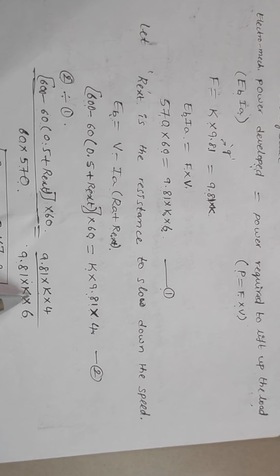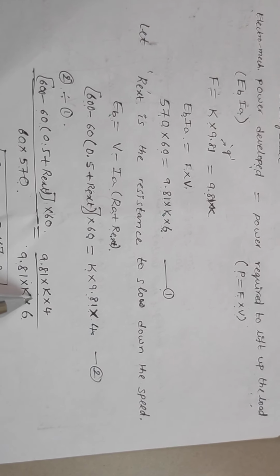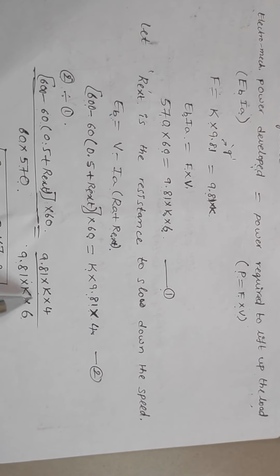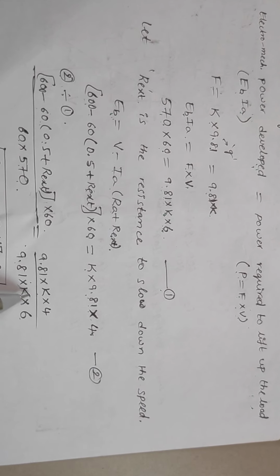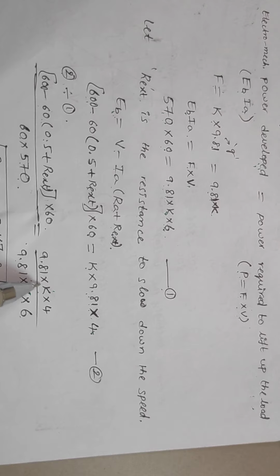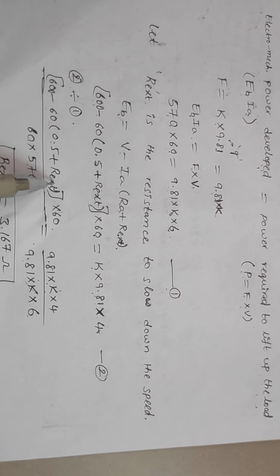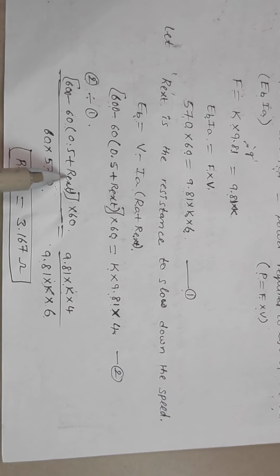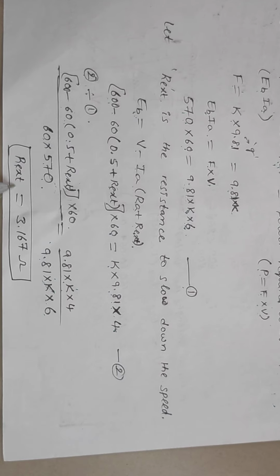So without knowing the mass of the load, we can solve, because these get cancelled, right? Hence only one unknown parameter remains, that is R external. R external can be calculated.